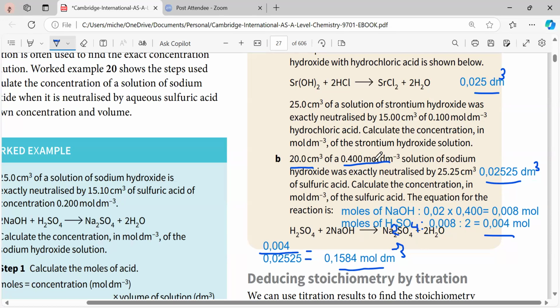So that's why we need to calculate the one that stated the concentration, and we can find the moles of the other solution. After finding both moles, we convert the volume from cm^3 to dm^3 and divide according to the formula. This is usually moles divided by volume, and then we have the concentration.